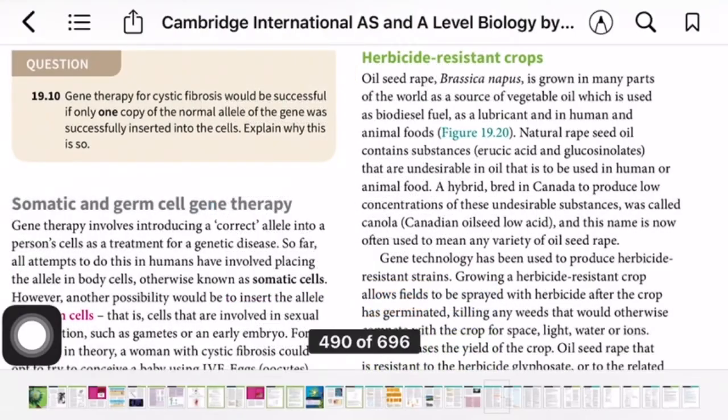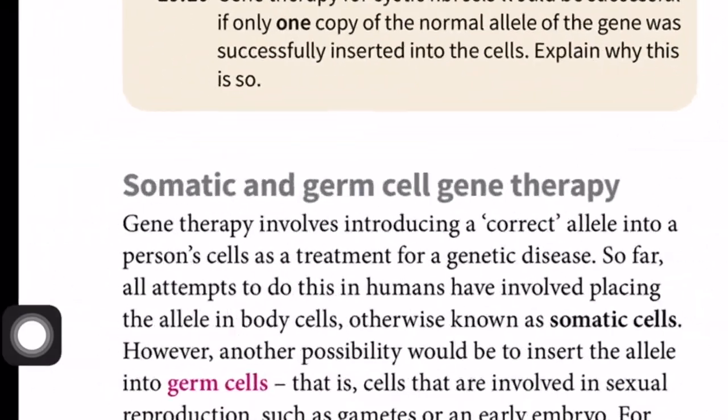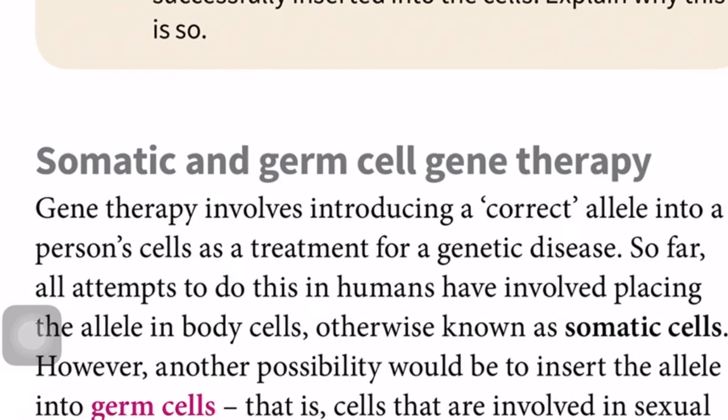Okay, somatic cell and germ cell gene therapy. Basically, germ cells are like the gametes. Gametes are the reproductive cells. They are haploid, having half the chromosomes of a normal body cell.